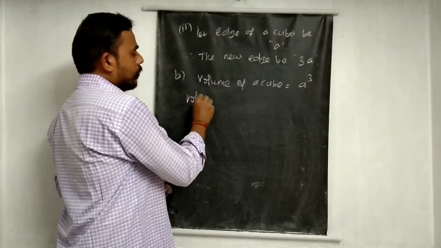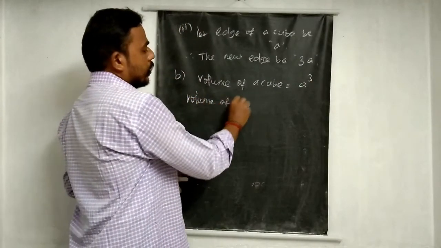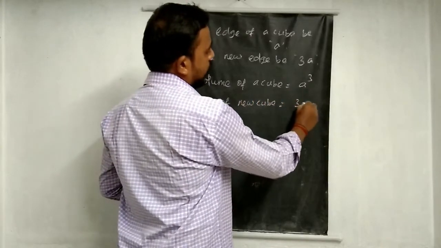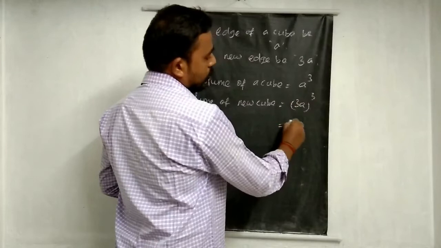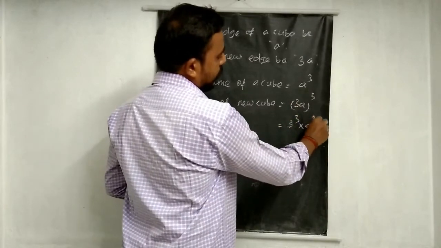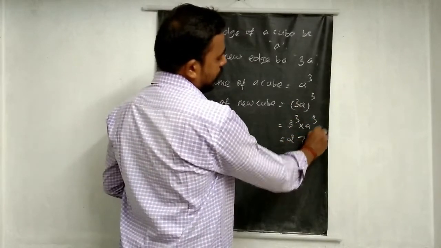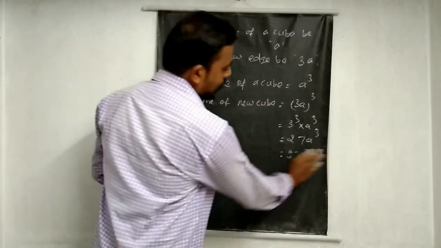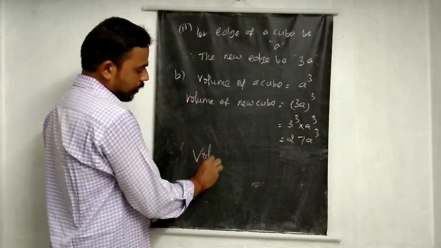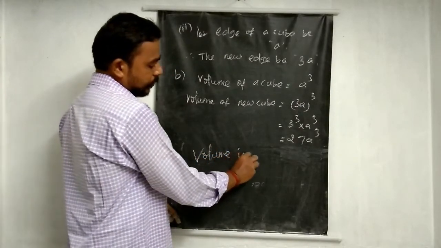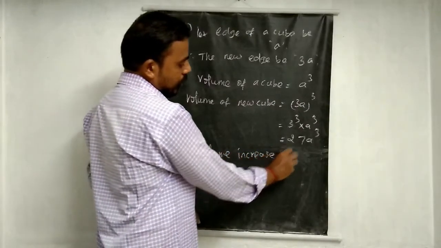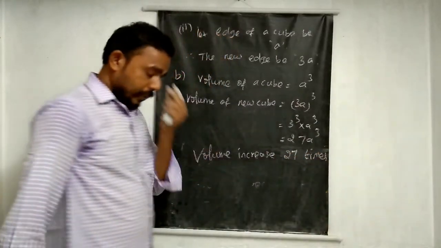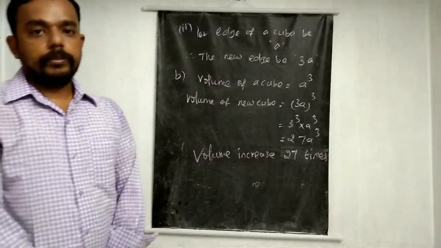Volume of the new cube equals (3A) whole power 3, so 3 power 3 into A power 3, so 27 A power 3. So 27 into the old cube. That is, the volume increases 27 times. That's all. Like that you can study the important problems. Thank you.